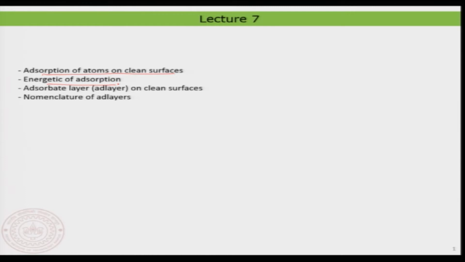Then we will also look at the energetics of adsorption, how the energy of adsorption is controlled, what the important energies are that we need to keep in mind, and then we will also look at the adsorbate layers in general, and mainly the nomenclature of the ad layer. So, how do we name these different types of ad layers? When I say ad layer, it actually means an adsorbed layer.